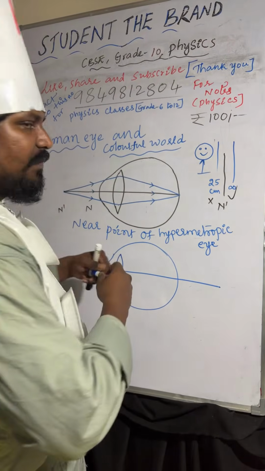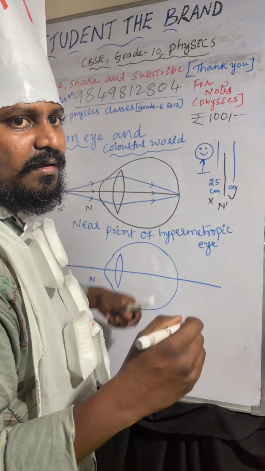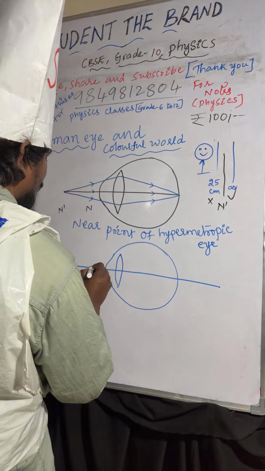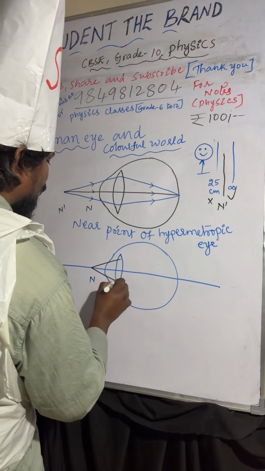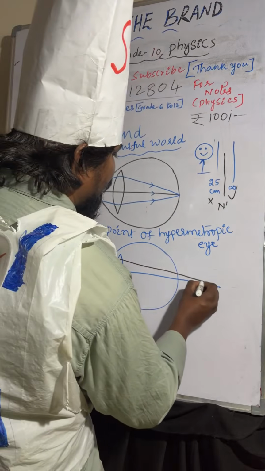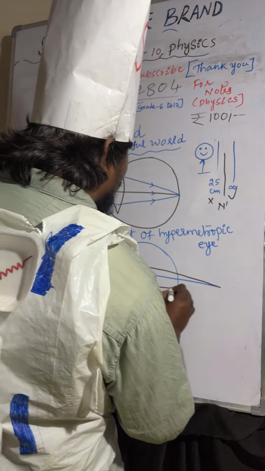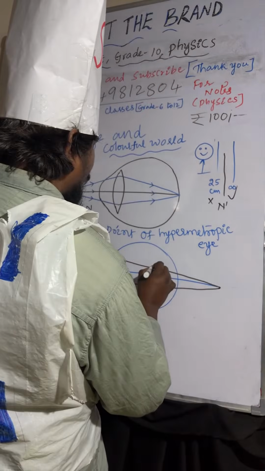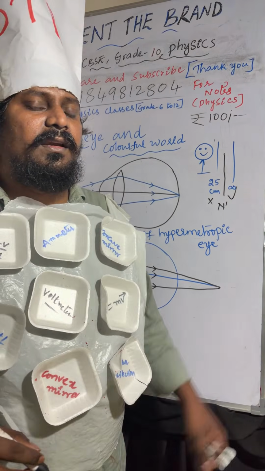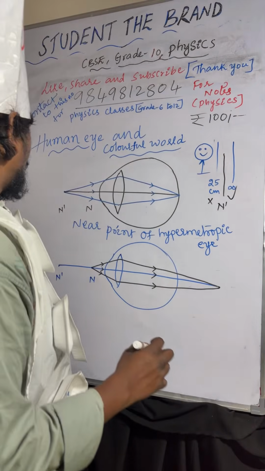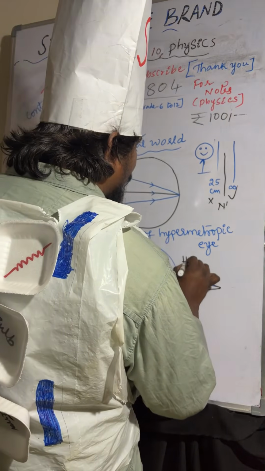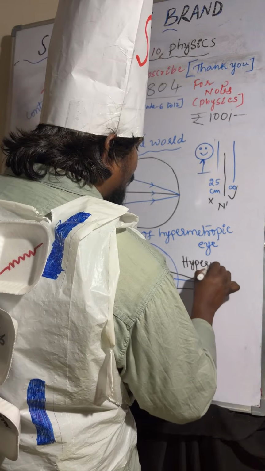Light rays are coming from this point, and those light rays meet beyond the retina. So this is the hypermetropic eye.